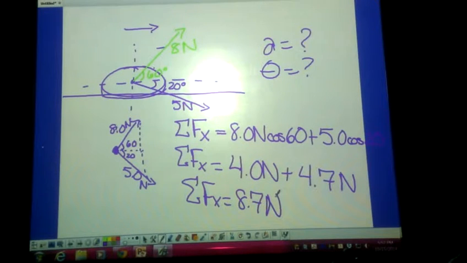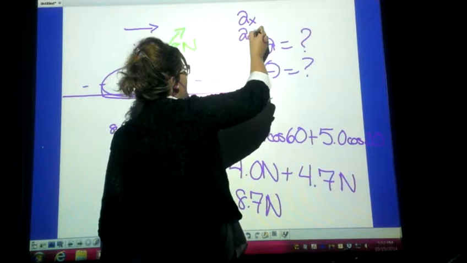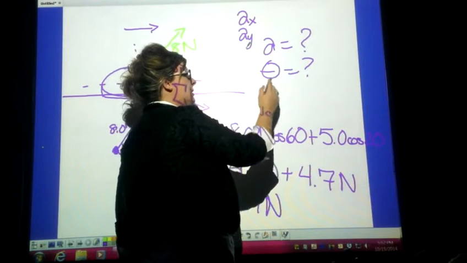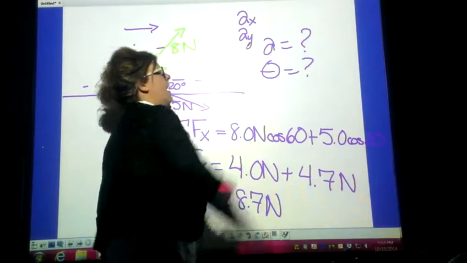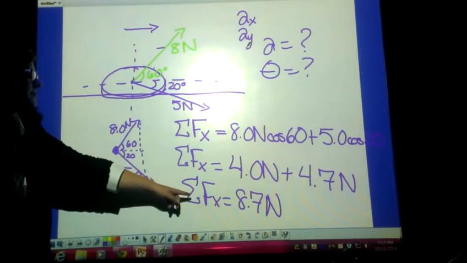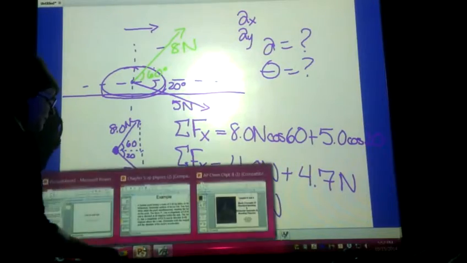My goal is to find the overall acceleration, the magnitude of the acceleration. So if I know a sub x and I know a sub y, I could find the magnitude total of a, and then I could find the direction by taking inverse tan of the acceleration in the y over the acceleration in the x. So if I know the sum of the forces in the x direction, did they tell me the mass of the puck?